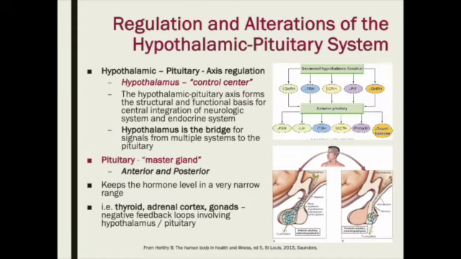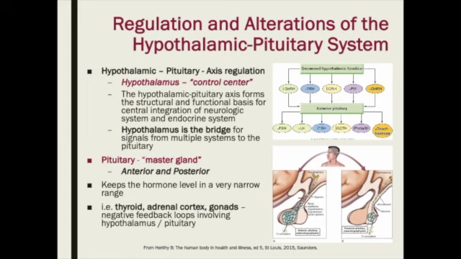The hypothalamic pituitary axis regulation is a regulatory system that you will need to understand in order to talk about the alterations of the endocrine system. The hypothalamus is considered the control center, and you can see that with decreased hypothalamic function, you're going to have a decrease in all of these hormones, which will affect the anterior pituitary as well.